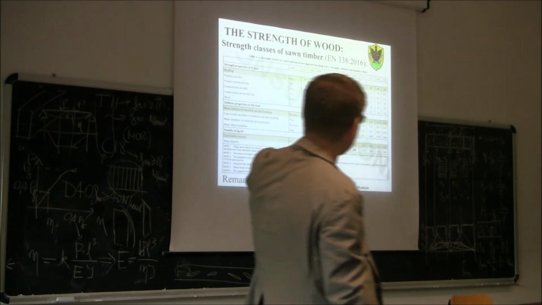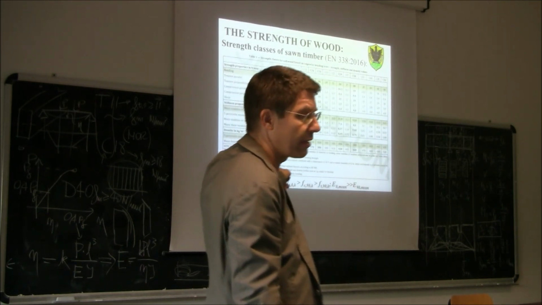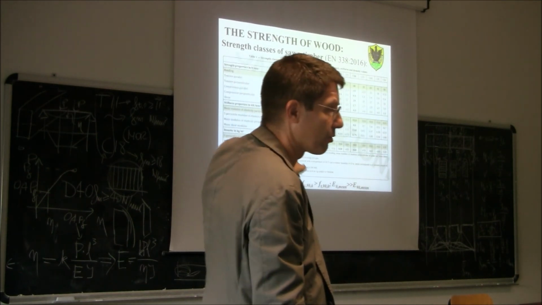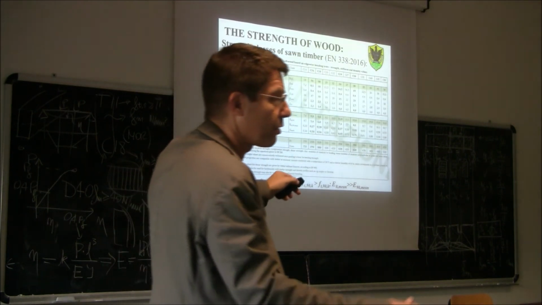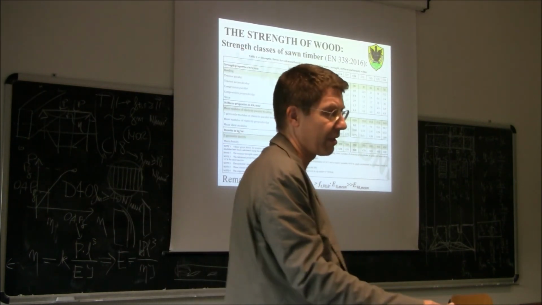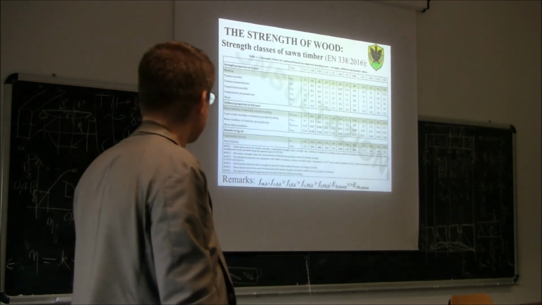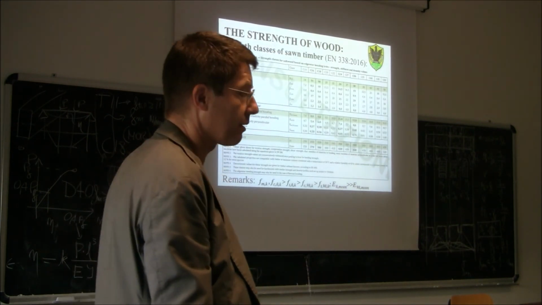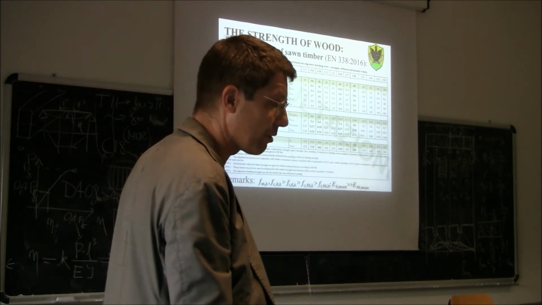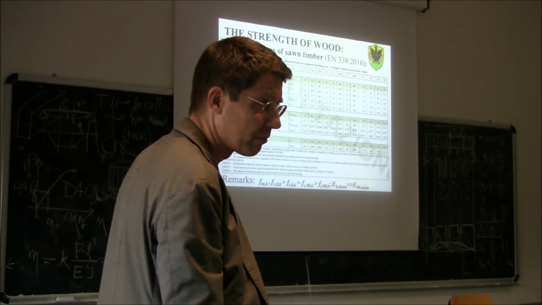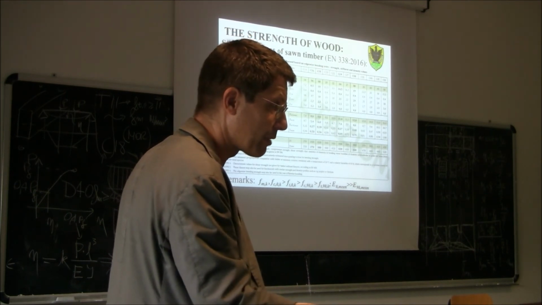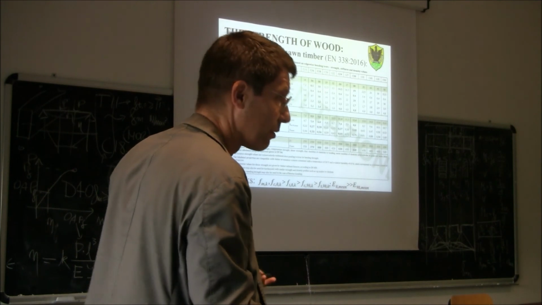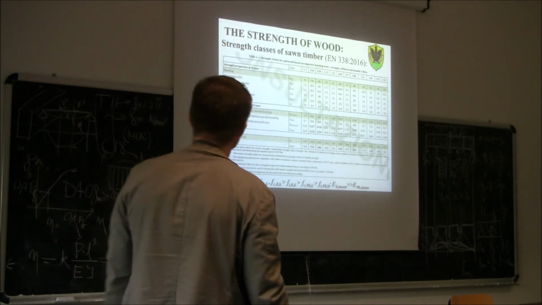Some regulations, like the New Zealand standard, assume no tension strength at all, so 0. Our regulation considers 0.4. That is very little. Just to give an example, the strength of concrete in tension, which is low as we know very well, is about 1/10 of the compression, 3, 4. Here we're talking about 0.4, so much lower.